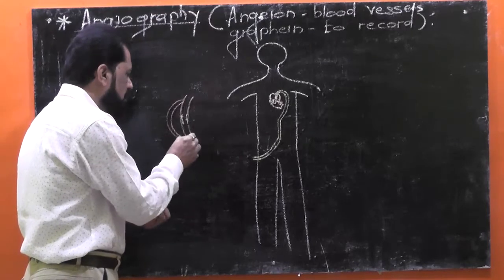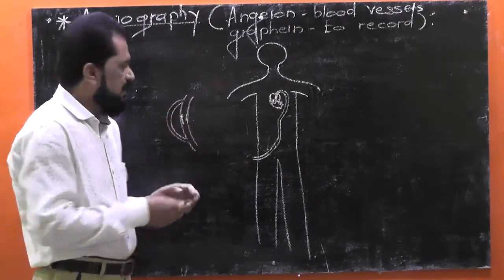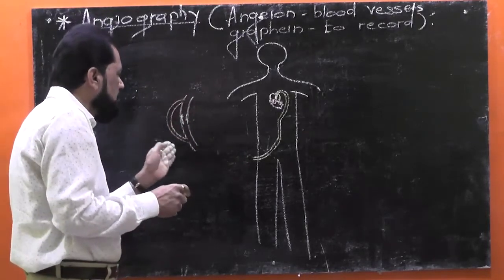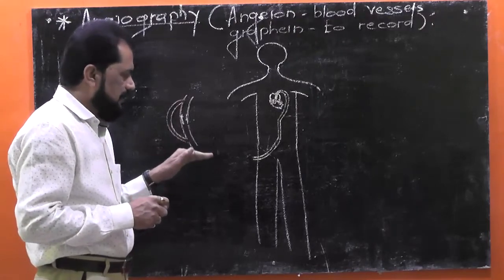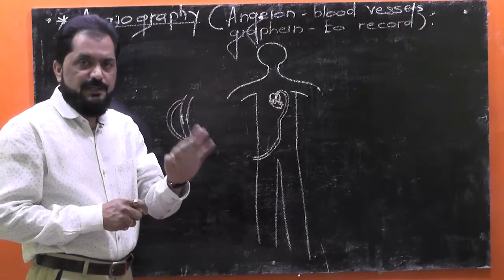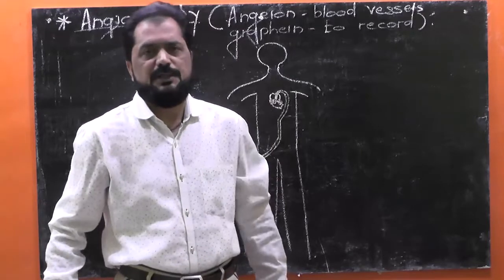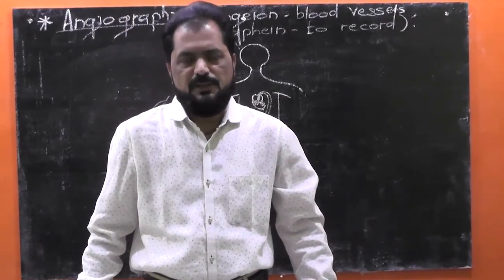It means a new blood vessel is grafted in such a way that there is a smooth flow of blood through this newly grafted blood vessel, and the damaged or affected part can get blood, oxygen and nutrients. So here we have discussed briefly the technique of angiography. So let us stop here today. Thank you and bye.